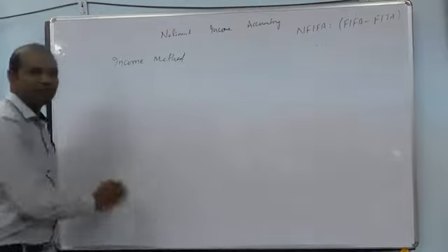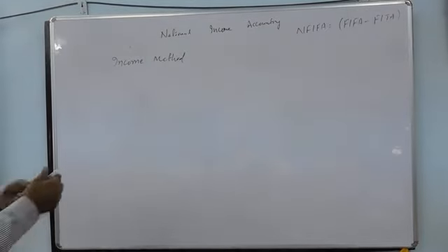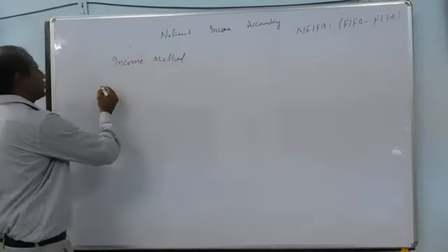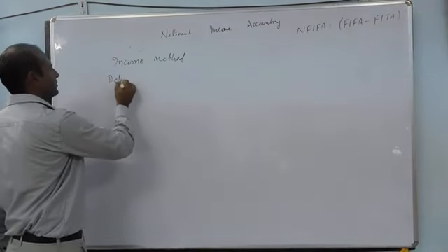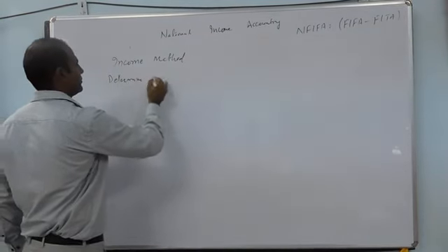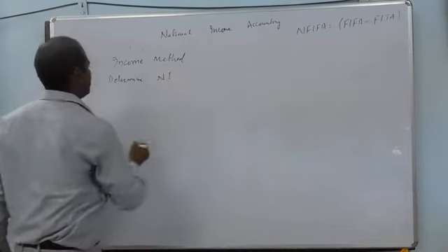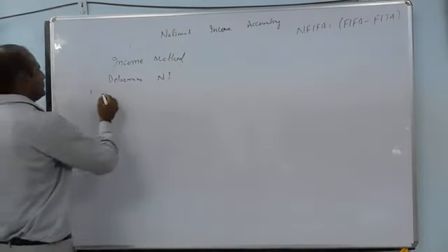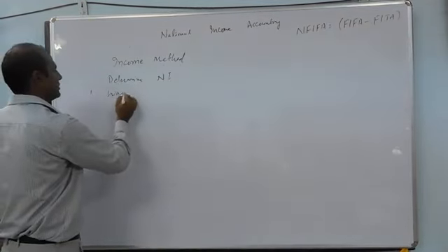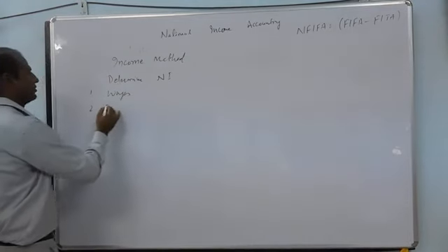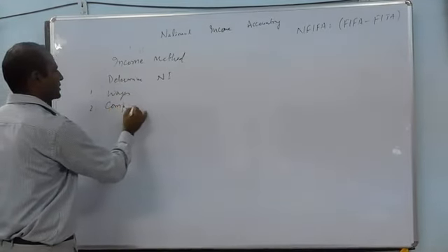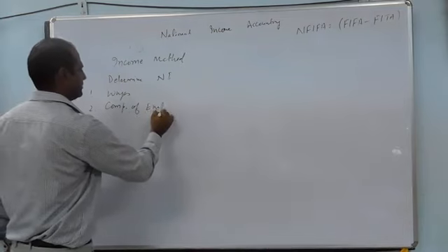How to solve a sum from income method? Suppose we are asked to determine national income from the following. Number 1, wages. Number 2, compensation of employees.